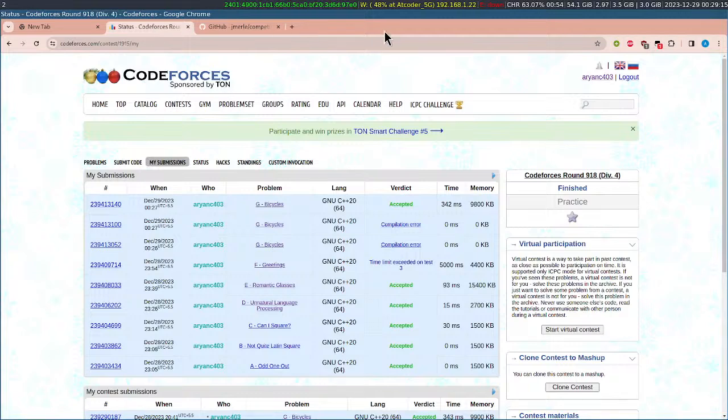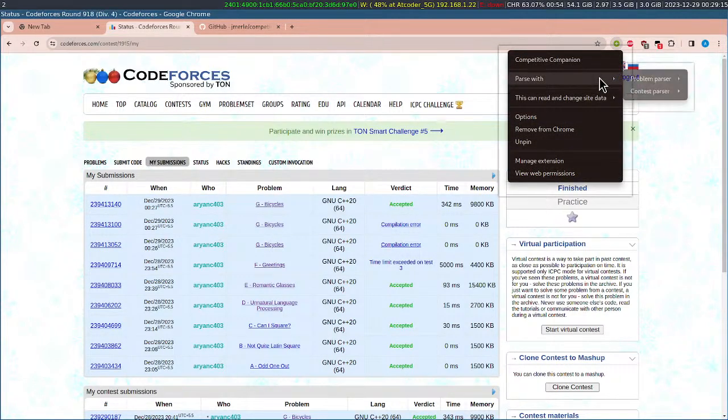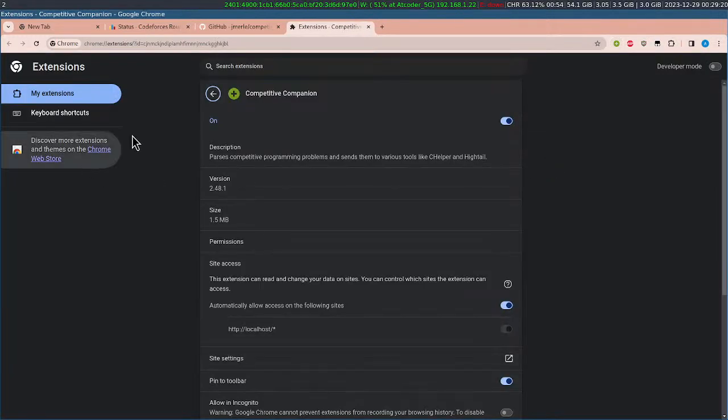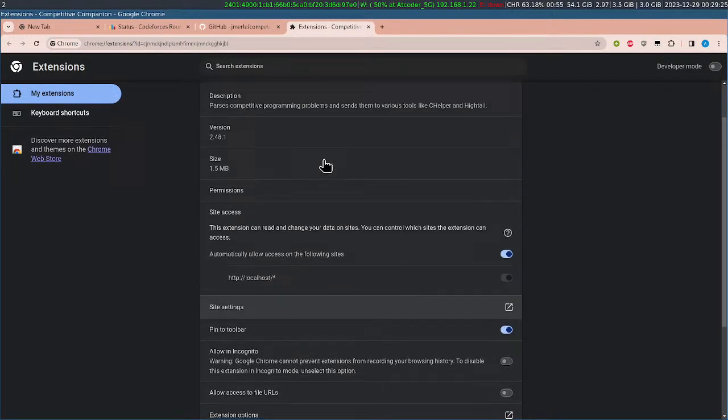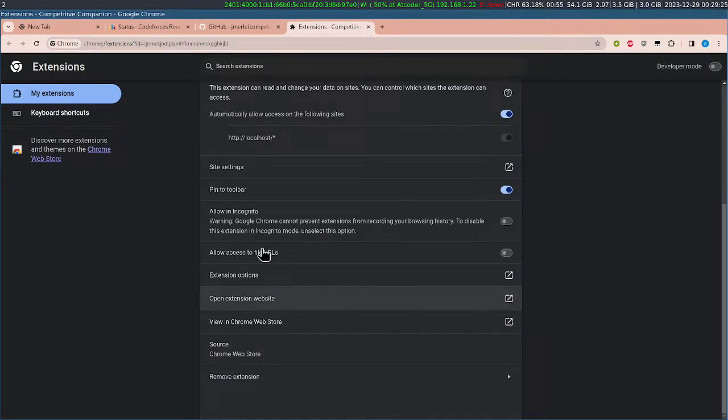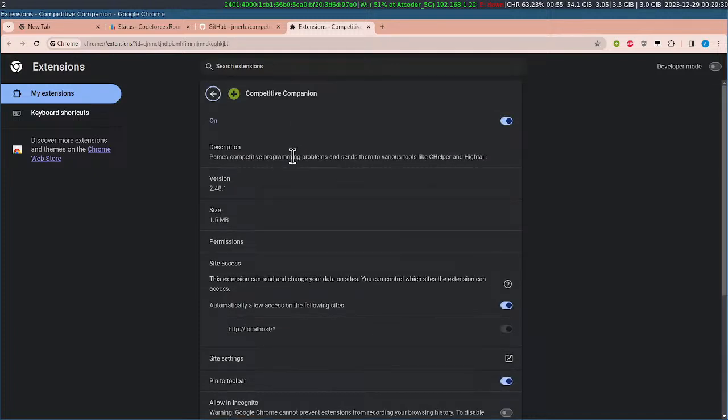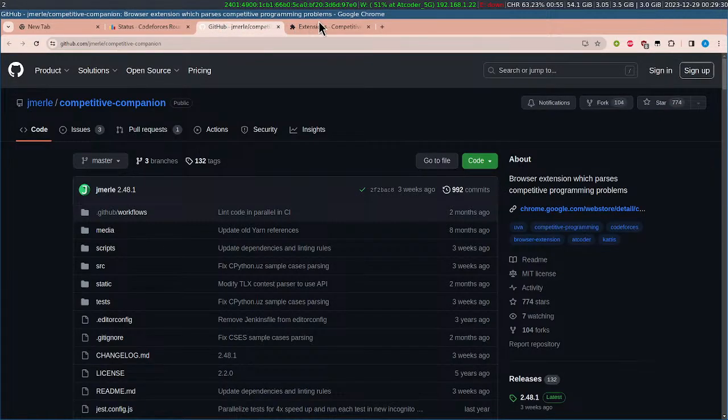This extension fetches all the test cases from all the problems and sends them to some local ports. There are some default ports as well, which I was probably not much interested in. My setup was pretty much like Eknerwala's.